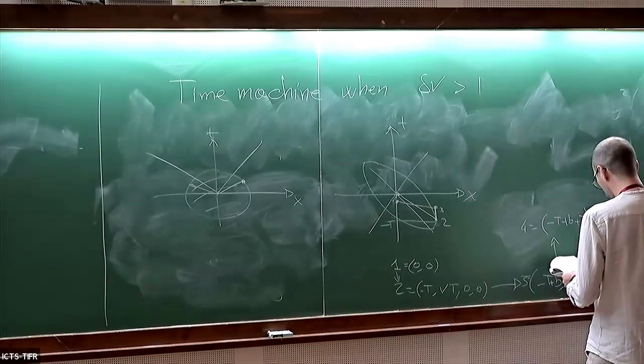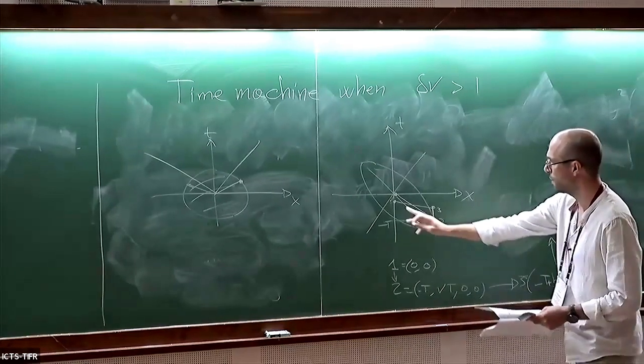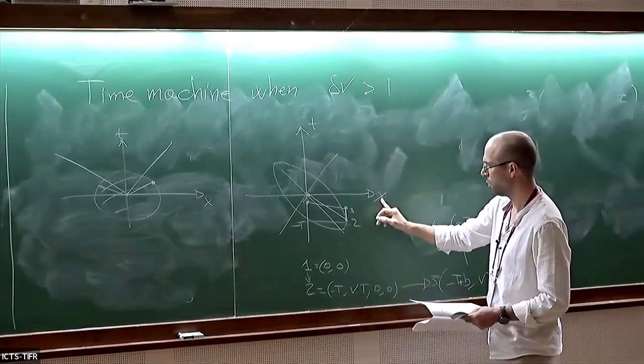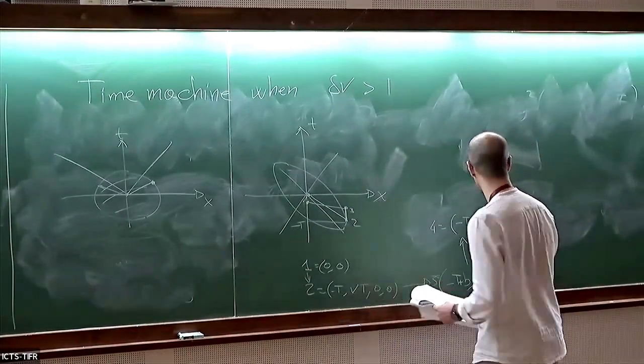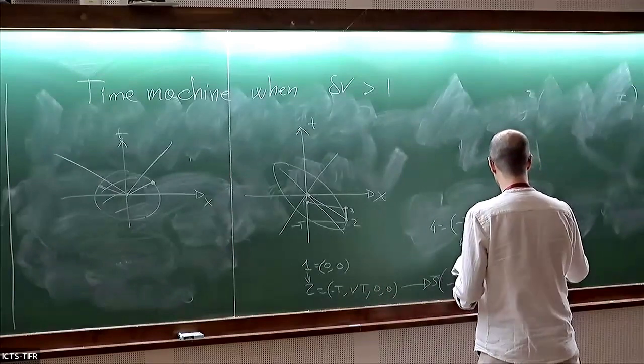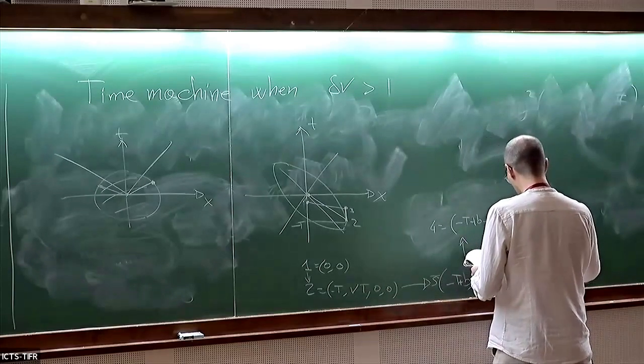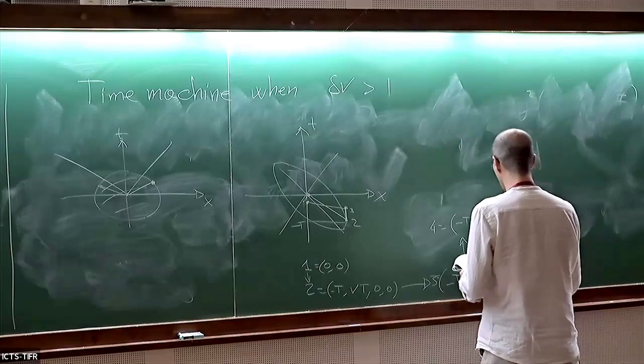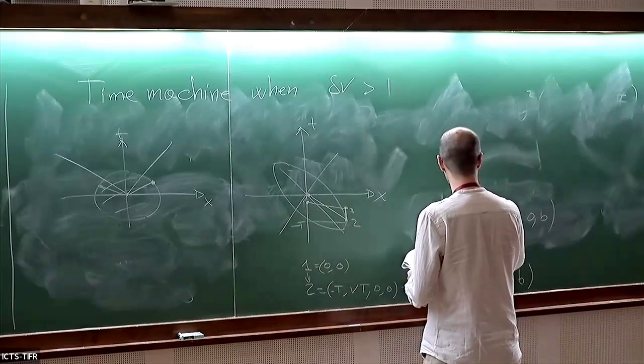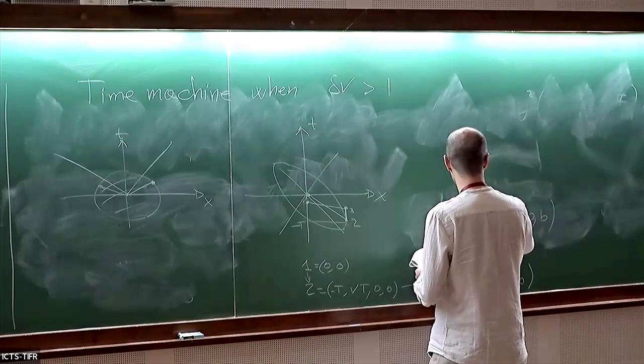I want to get back in the same direction, so I travel for a space vt, and from 0, b I'm going to require that I end at a distance minus b.